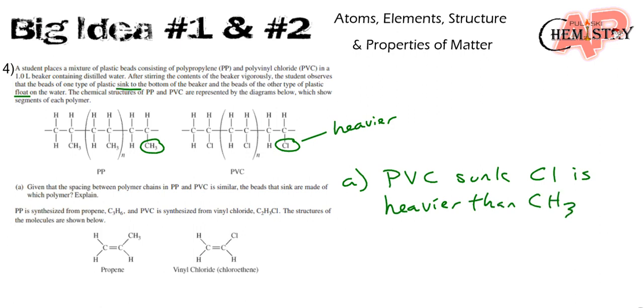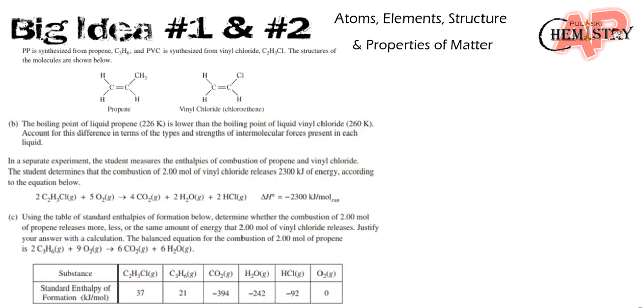Okay, next part. PP is synthesized from propene, and PVC is synthesized from vinyl chloride. So we give you the two. The structures of the molecules are shown below. So now we have two new structures here. B, the boiling point of liquid propene, 226, they give you some numbers here, is lower than the boiling point of vinyl chloride.